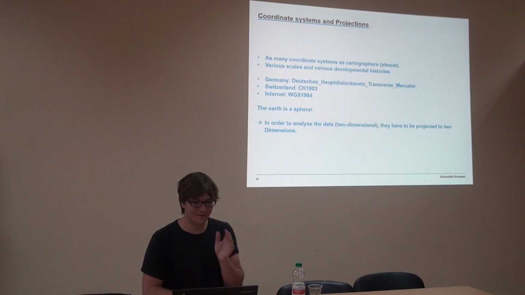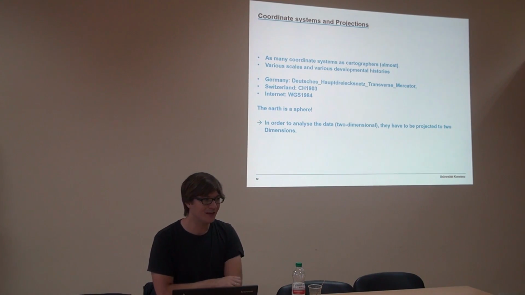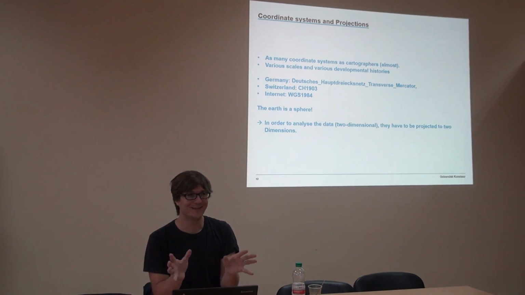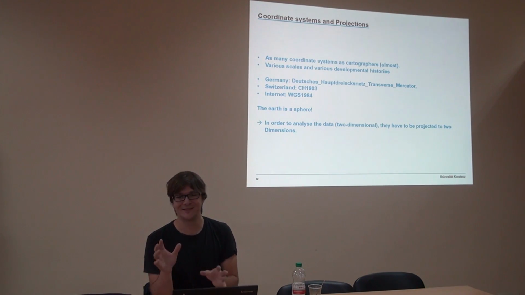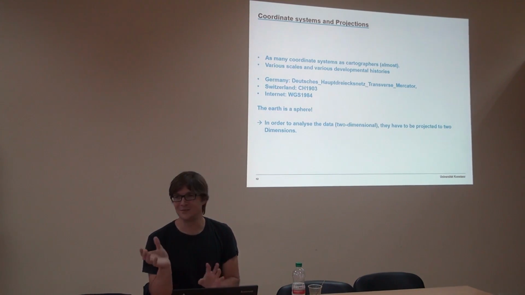So there are different coordinate systems, and one challenge, when you have different data sources, is to find one common coordinate system, because the geographical information system can adjust it on the fly, but it leads to problems.